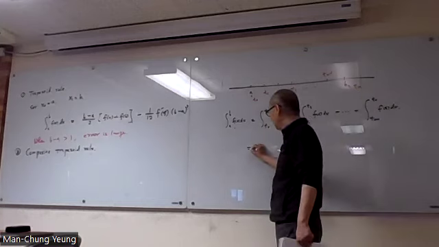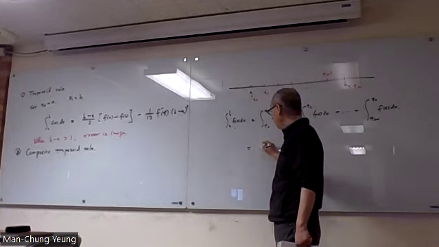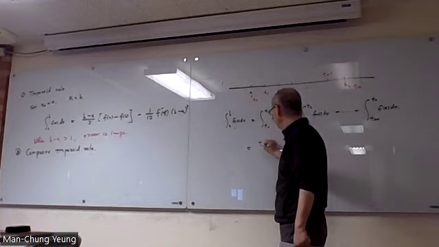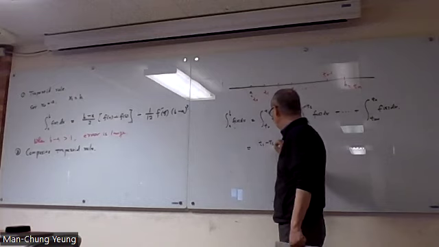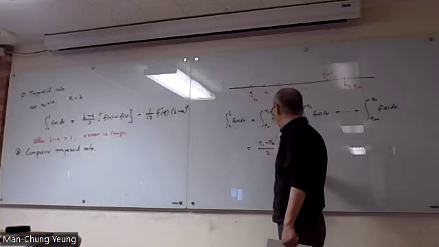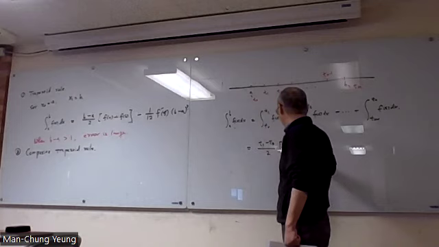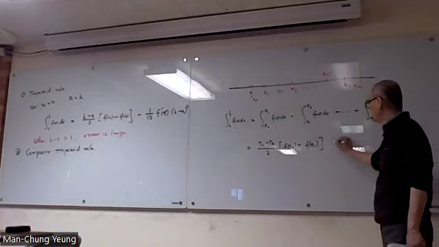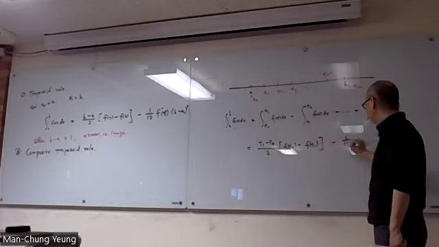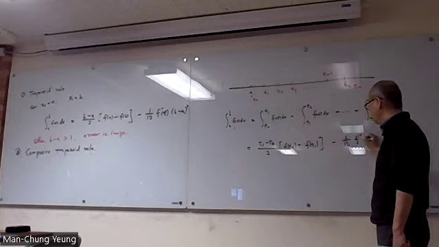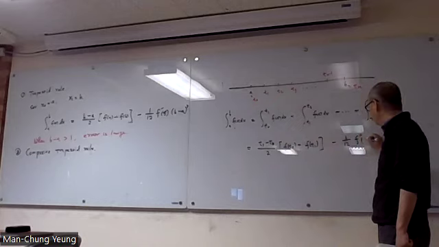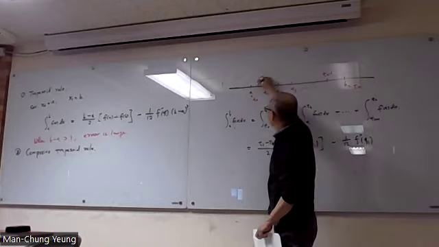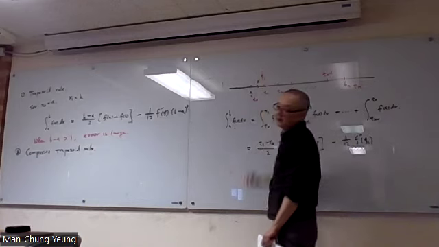This is (T1 minus T0) over 2 times (function at T0 plus function at T1), and then minus the error: 1 over 12 times the second derivative evaluated at some point, say psi 1, times (T1 minus T0) cubed.